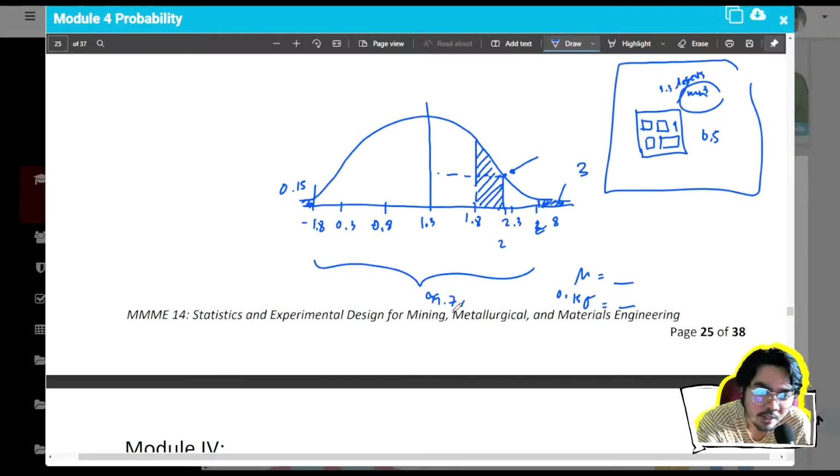I'm just estimating. 99.7, right? 0.3 divided by 2 is 0.15%. So there's only a 0.15% chance that you will have a value greater than 2.8. Okay? Right? Only a 0.15% chance, which tells you that it's not normal.